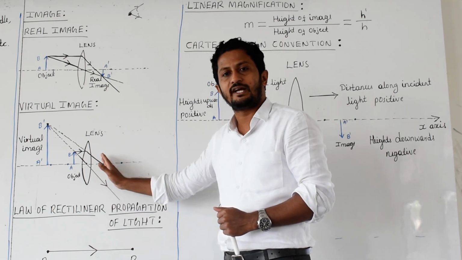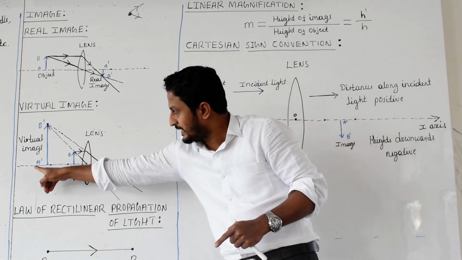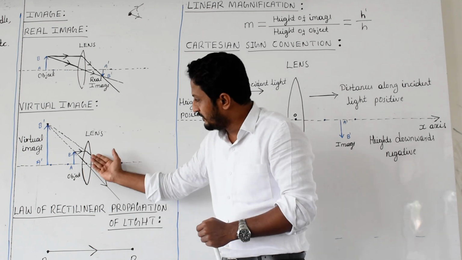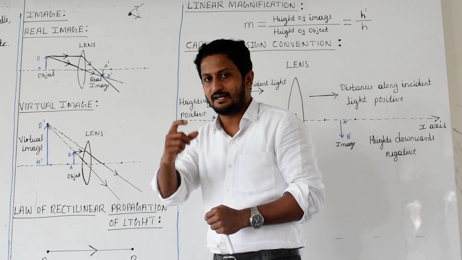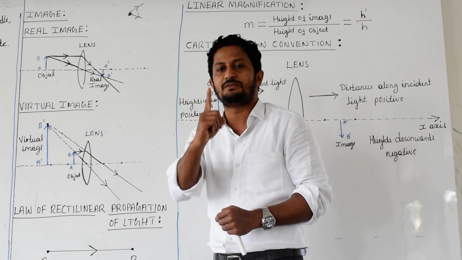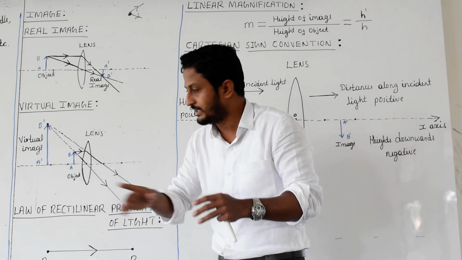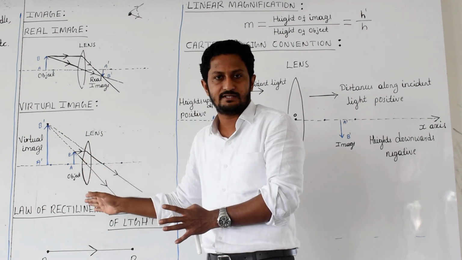Here again I have taken a lens, optical center, and this is a principal axis. Now in front of that lens I have again taken a linear object AB, placed very near to it.